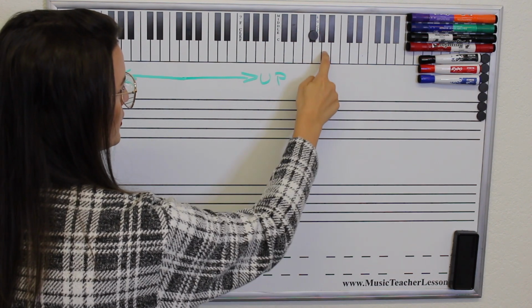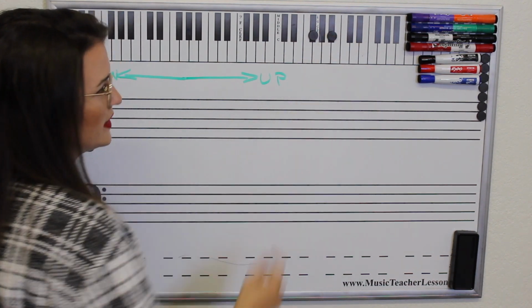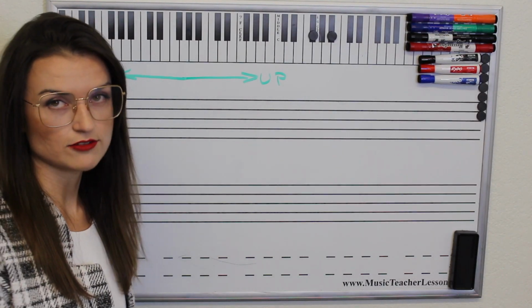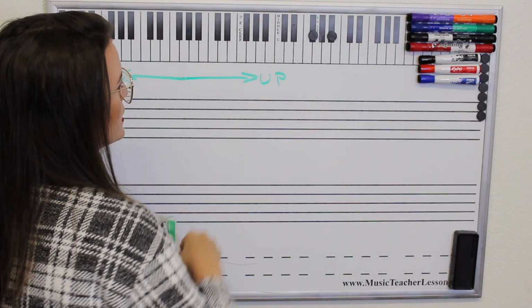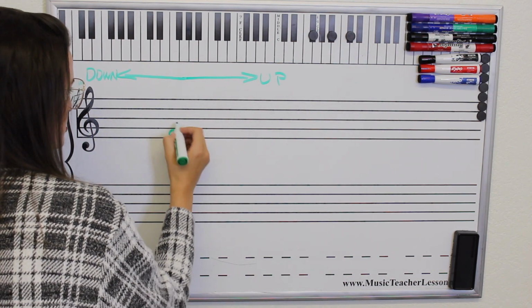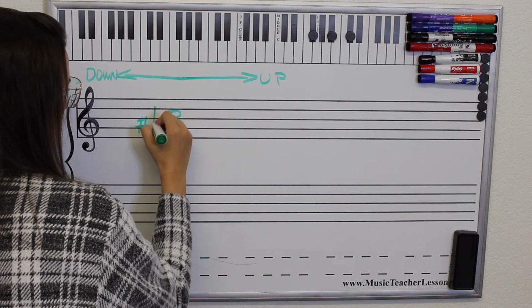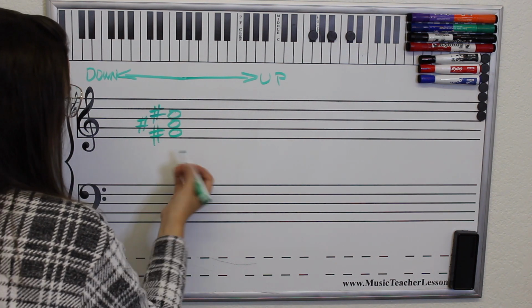So 1, 2, 3, 4. Put our note there, and then we go up 3 to get the 5th note. So 1, 2, 3. That's our major triad, starting on F sharp. So we have F sharp, A sharp, and C sharp there.